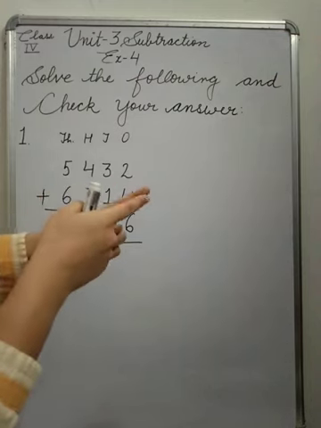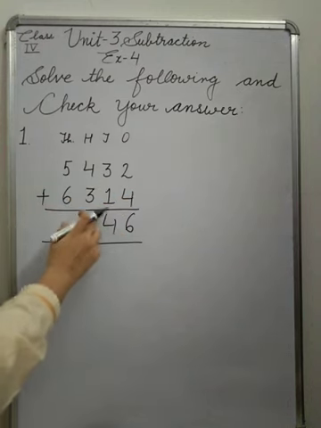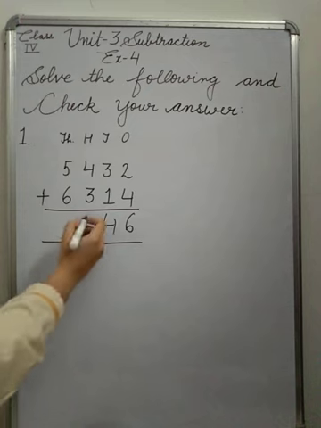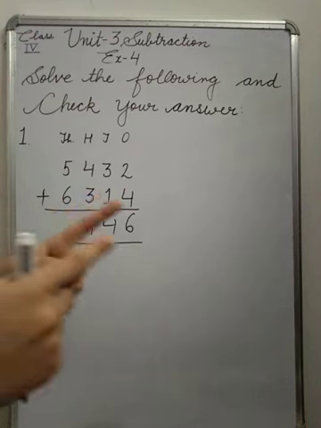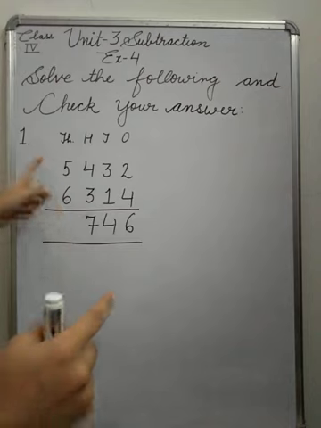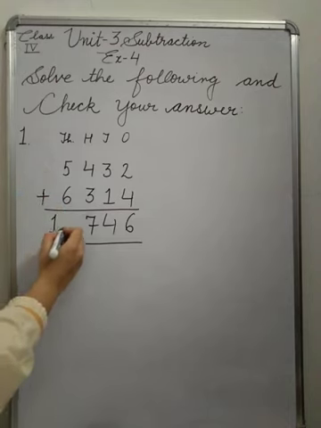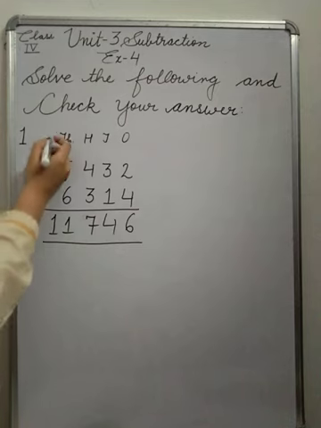After 4, 5, 6, 7. So here comes 7. Okay, now see the next, 6 and 5. After 6 you count 5: 7, 8, 9, 10, 11. So here comes 11.